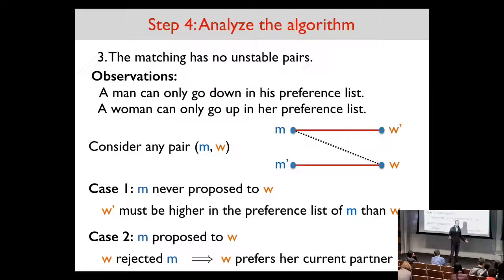If she gets a better offer, right? So W prefers her current partner. You see in case 1, M prefers his current partner. In case 2, W prefers her current partner. So this is definitely not unstable. So this is stable. Okay?